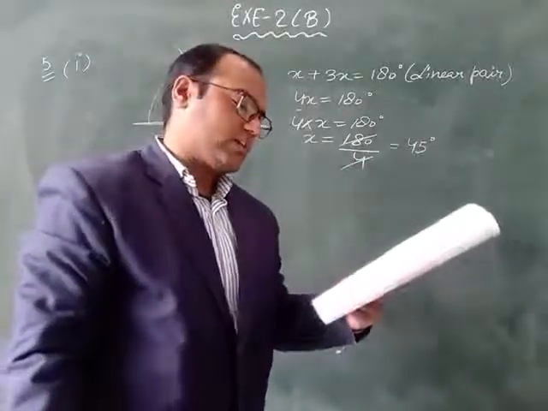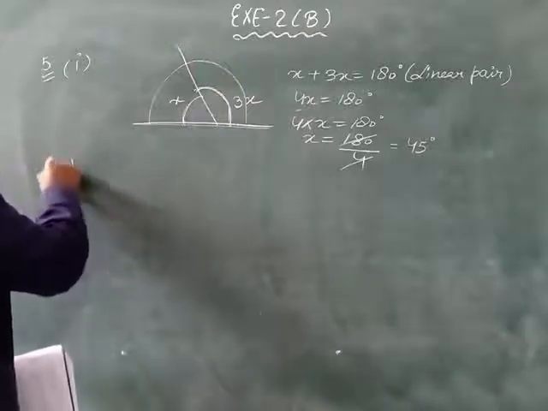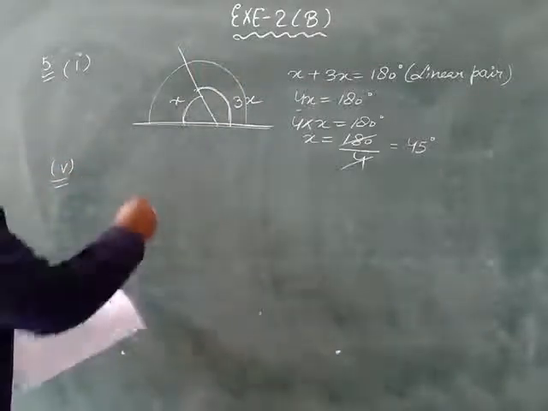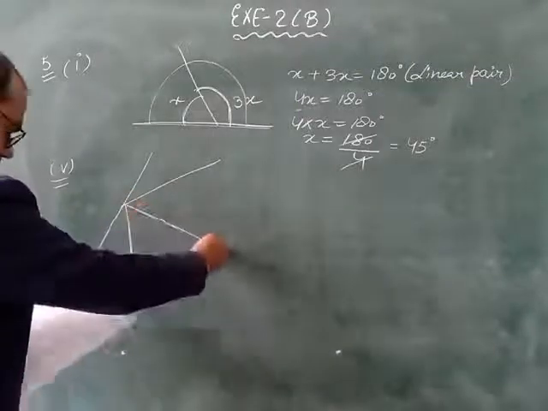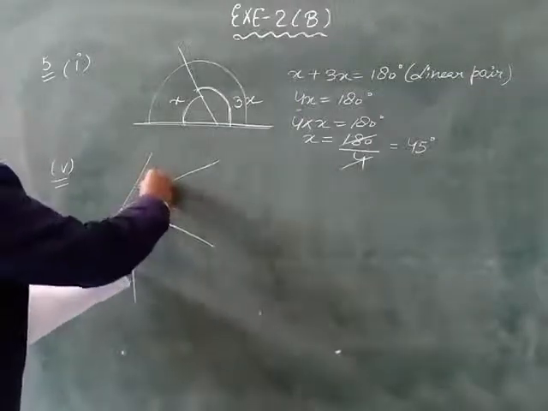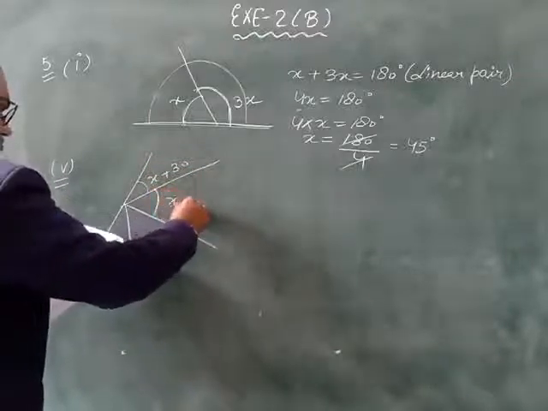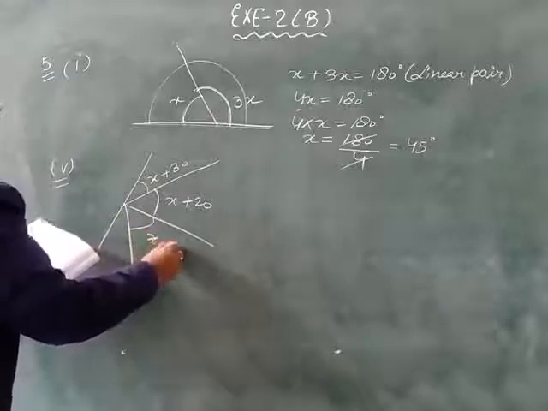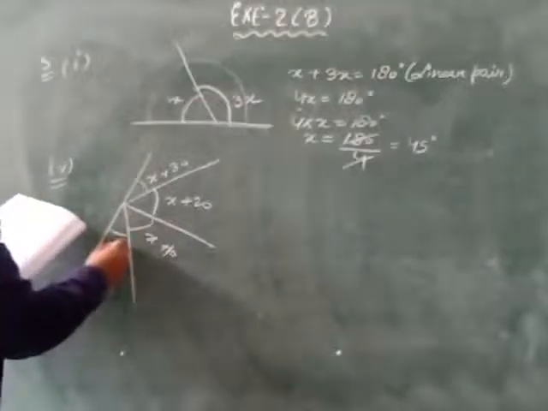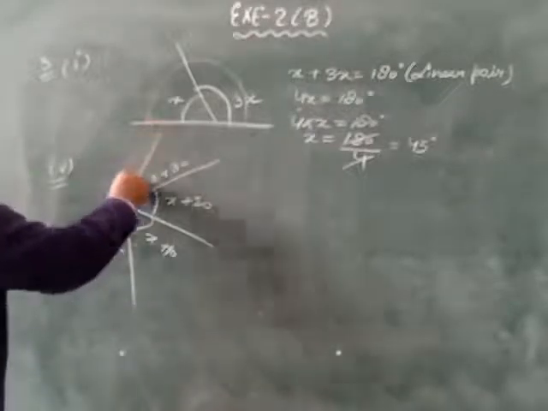Now see another part, the fifth part. The figure is this. This is x plus 30. This angle is x plus 20. The next angle is x plus 10, and the last one is x. So here this is a straight line.